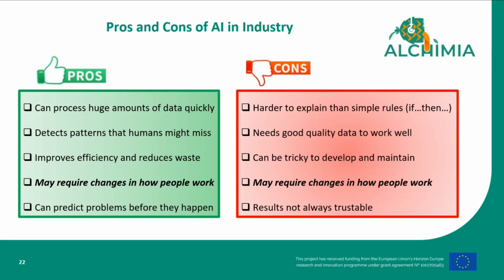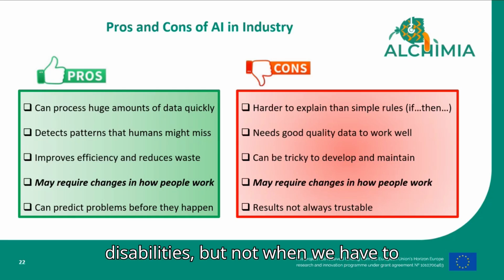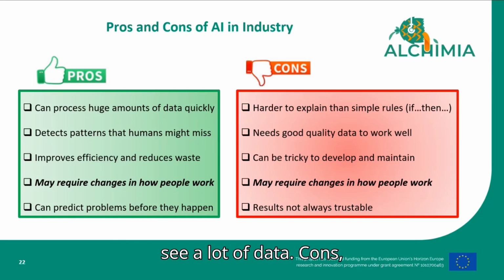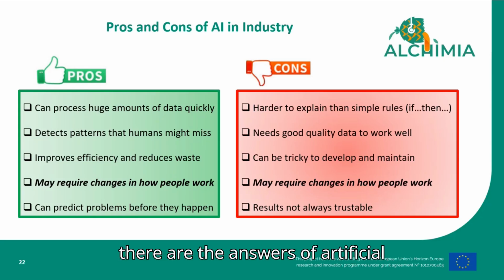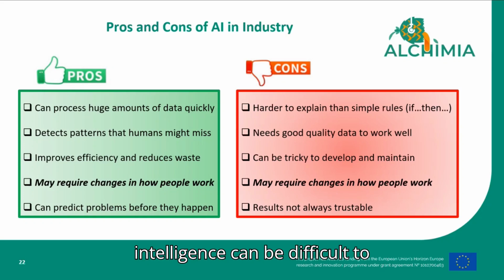We also have disabilities, but not when we have to see a lot of data. Cons: sometimes the answers of artificial intelligence can be difficult to understand, I mean understanding why a specific answer has been given by the model.